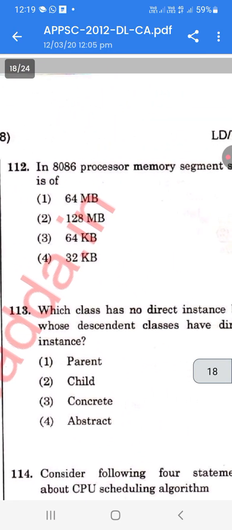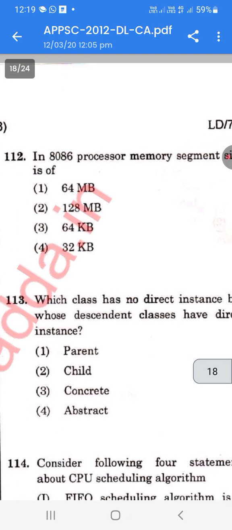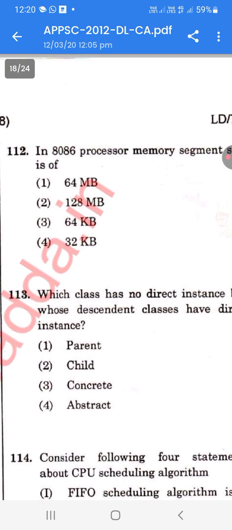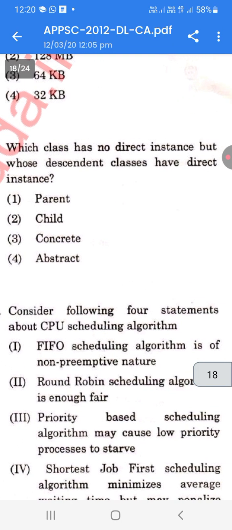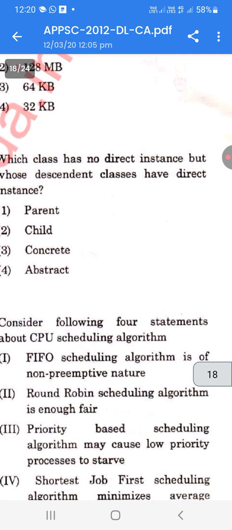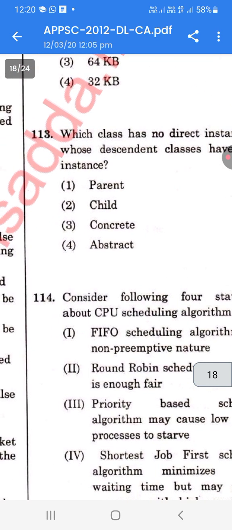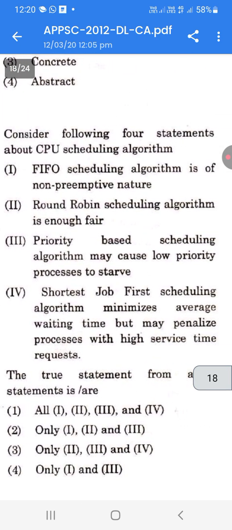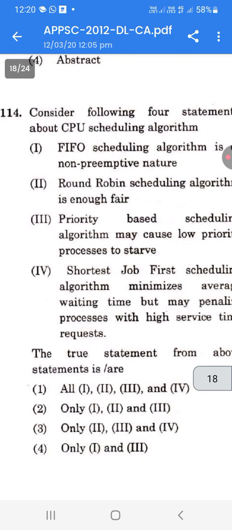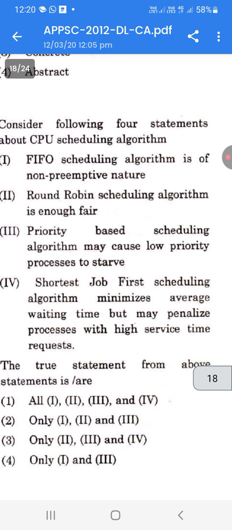In 8086 processor, memory segment size is of 64 KB. Each class has no direct instance, but whose descendant classes have direct instance. 113. Fourth one, abstract. Consider the following 4 statements about CPU scheduling algorithm. FIFO scheduling algorithm is of non-preemptive nature.